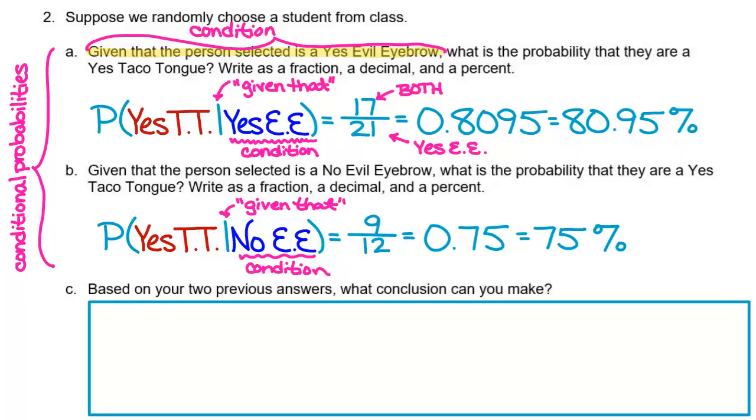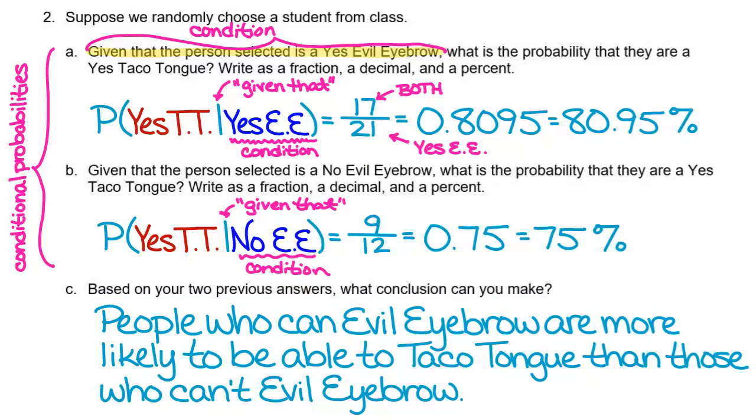If they can't evil eyebrow, it's a lower probability that they can taco tongue. So what I would say is people who can evil eyebrow are more likely to be able to taco tongue than those who can't evil eyebrow. Is it a huge difference? No, but there is a difference.